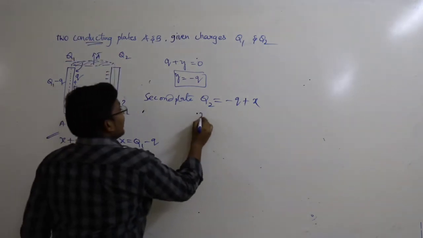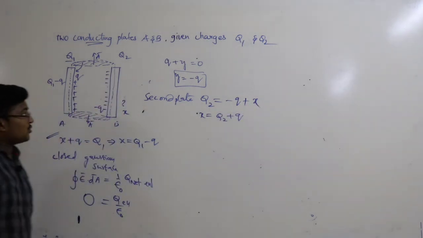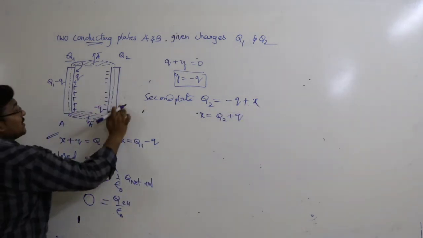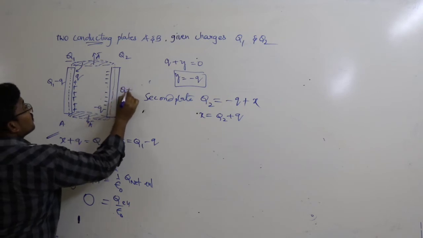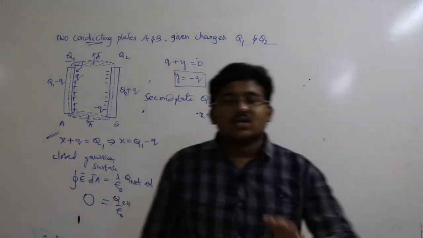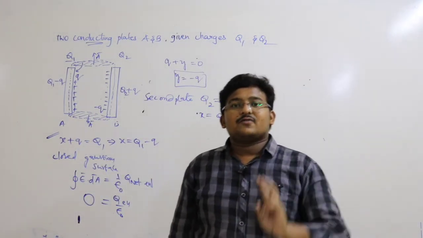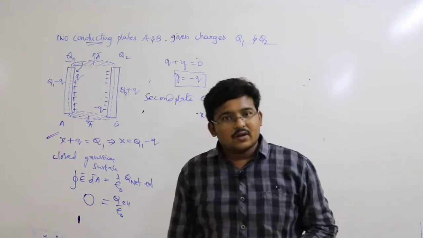So that is why I am getting x as Q2 plus q. So what is the charge on this side? Q2 plus small q. So this is how the charges are distributed for two parallel conducting plates with charges Q1 and Q2 separately given.